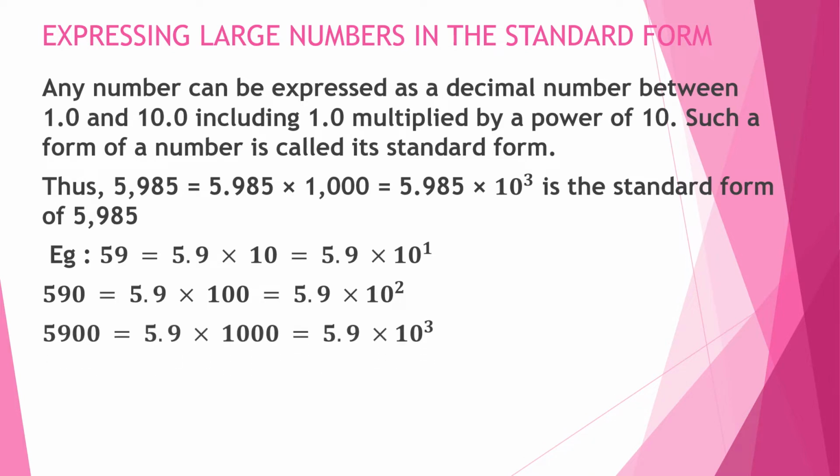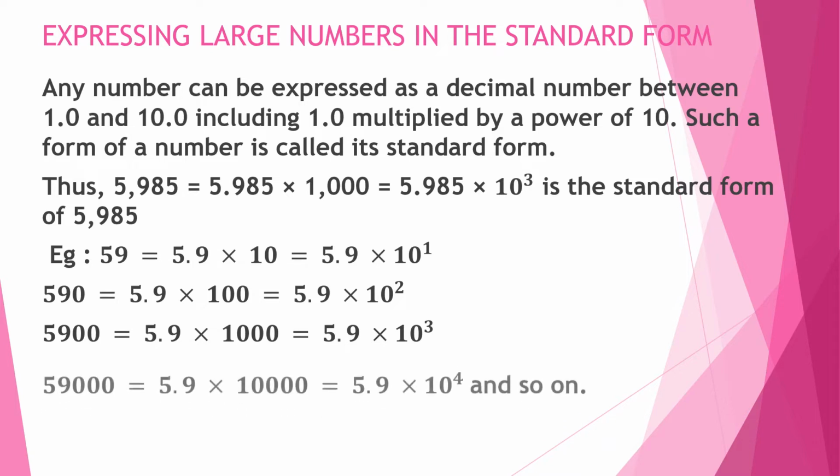Now 5900. 5900 can be written as a decimal number as 5.9 multiplied by 1000. And children, you know 1000 in exponential form is 10 cube. So the standard form of 5900 is 5.9 into 10 raised to 3.